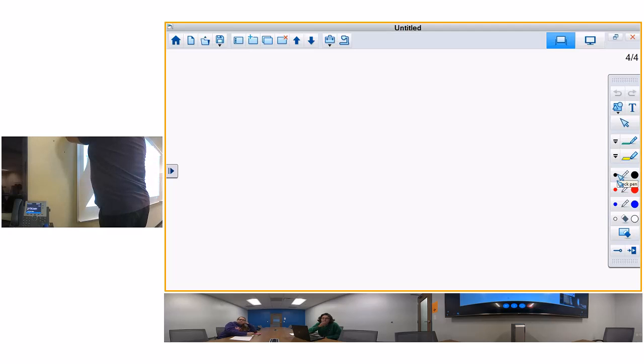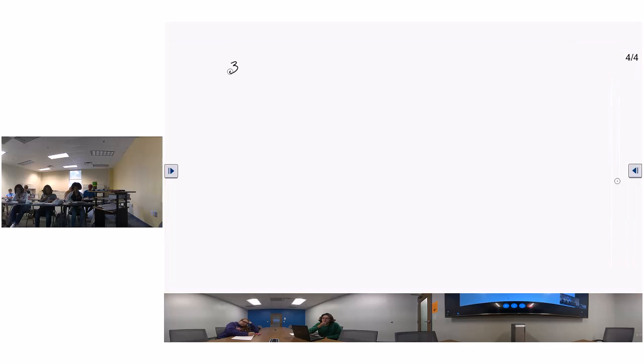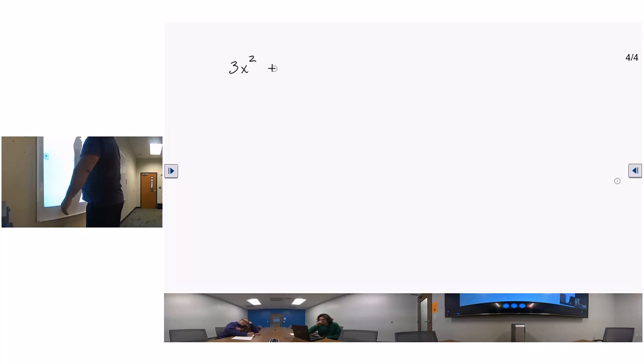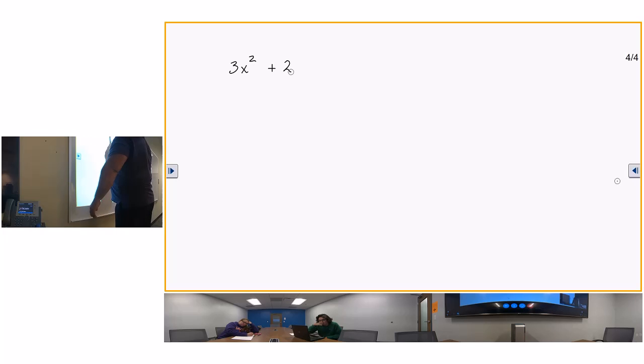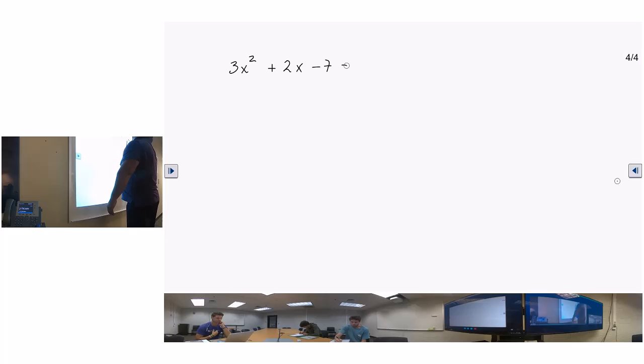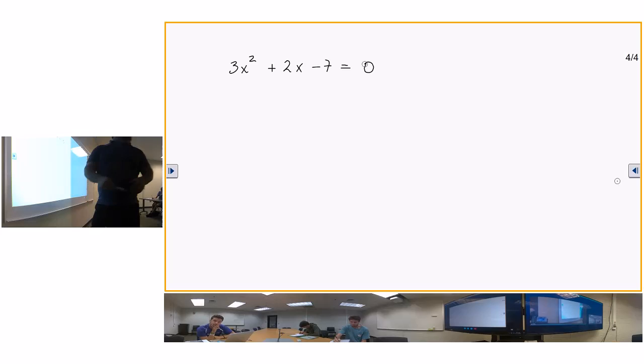Negative, or let's just go with a positive. 3x squared plus 2x minus 7 is equal to 0. All right, try that one.